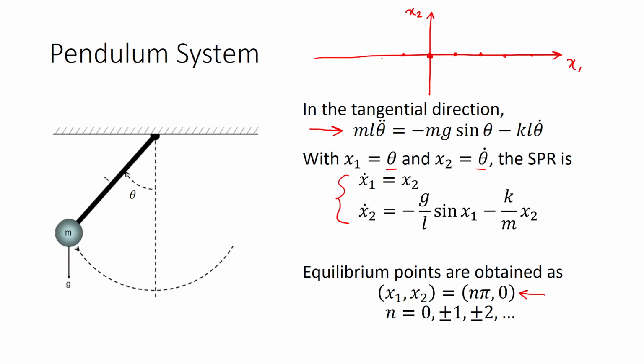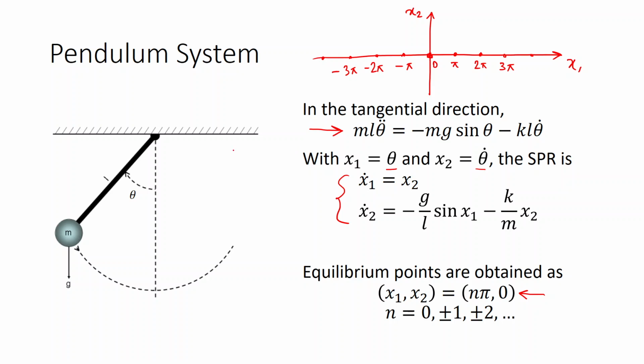All of these points have x2 equal to 0, and x1 is changing. This is 0, this is pi, this is 2 pi, this is 3 pi, like this. Here it is minus pi, minus 2 pi, minus 3 pi, like this. So you have so many multiple equilibrium points. So this is the phenomenon of multiple equilibrium points.